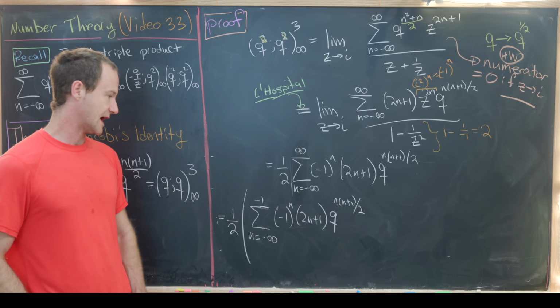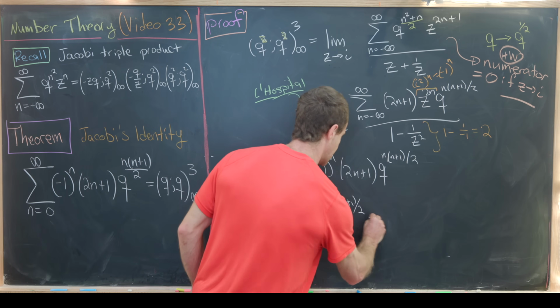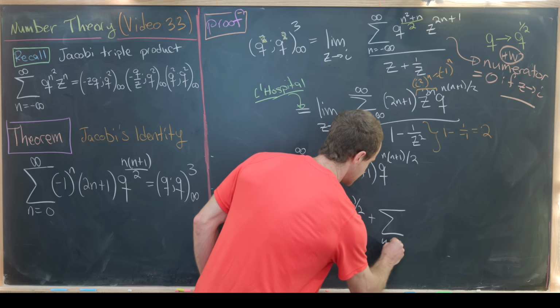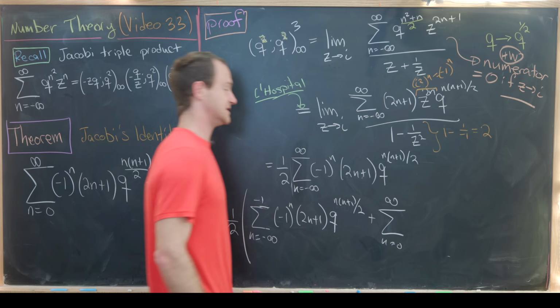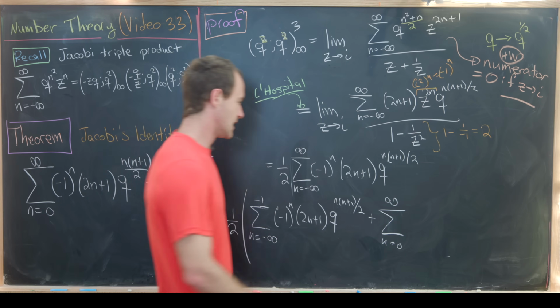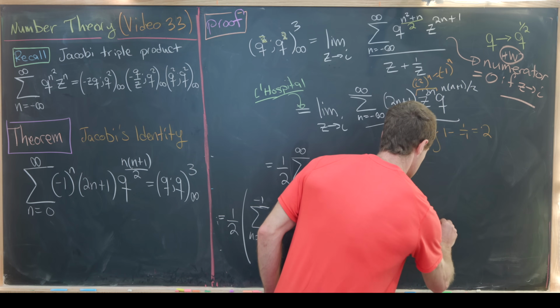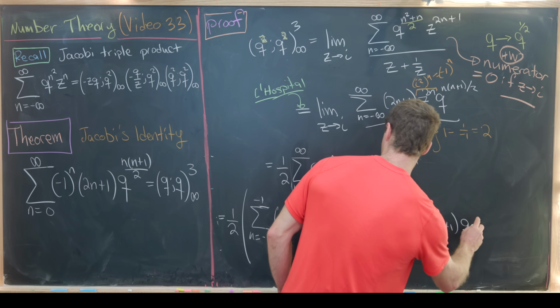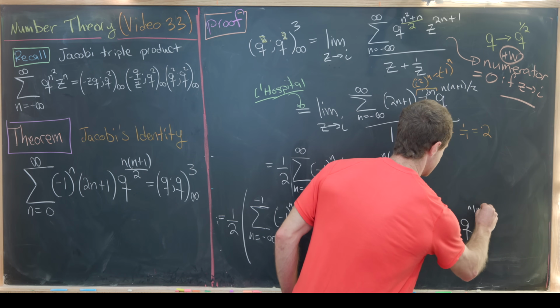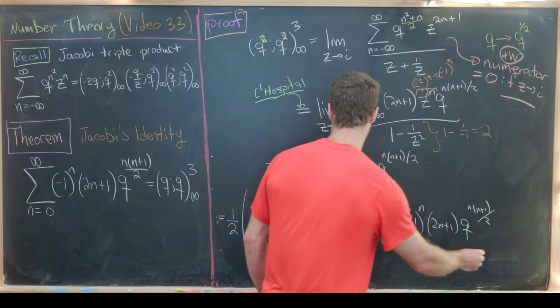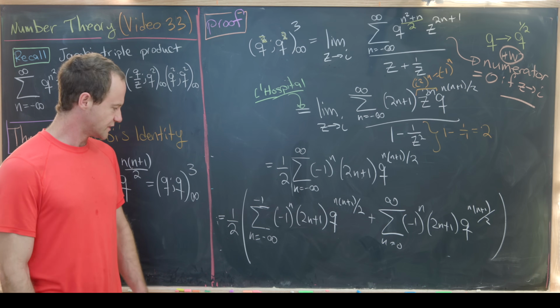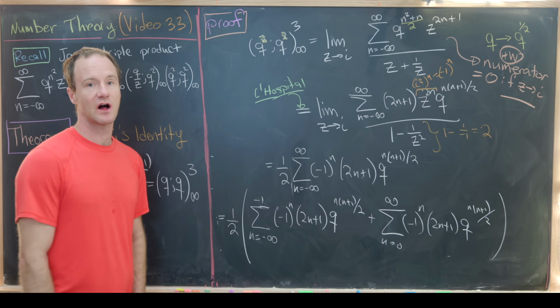So that's all of the negative values of n, and now we need all of the non-negative values of n. So that'll be the sum as n goes from 0 up to infinity. Then we'll have the same kind of argument here. So minus 1 to the n, 2n plus 1, q to the n times n plus 1 over 2. Okay, so now we're almost done with this proof, but maybe we'll finish it off on the next board.